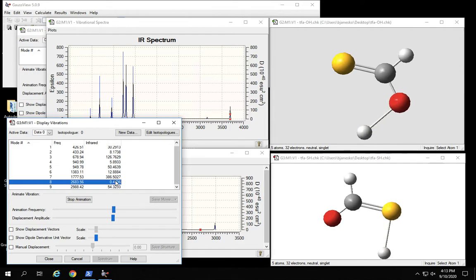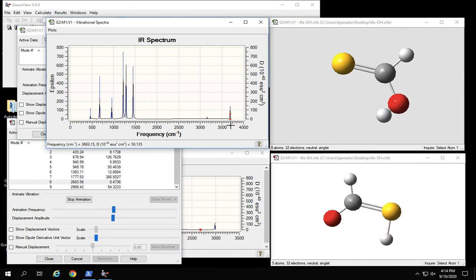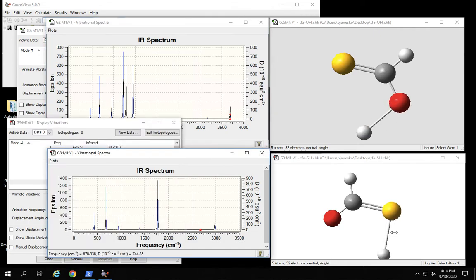First off, my SH stretch is at a much lower frequency than the OH stretch, which is what you would expect. OH stretch is predicted around 3,700 wave number. SH is predicted around 2,700 wave number. So a big difference. Second, the OH is predicted as strong and very intense. The SH is predicted as not very intense.